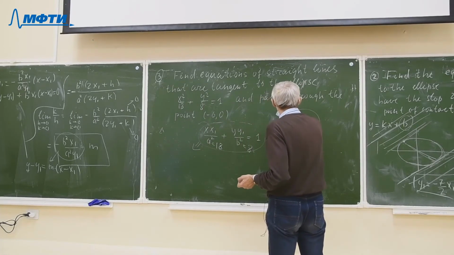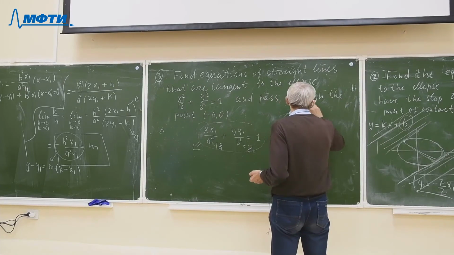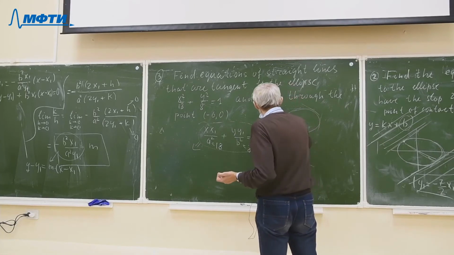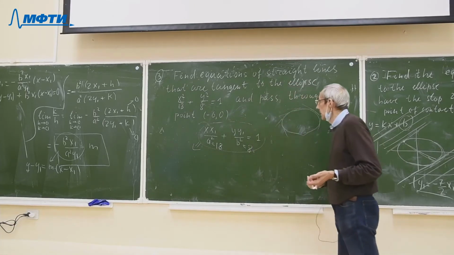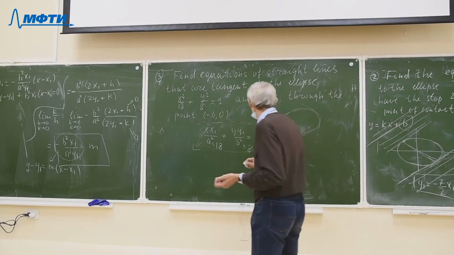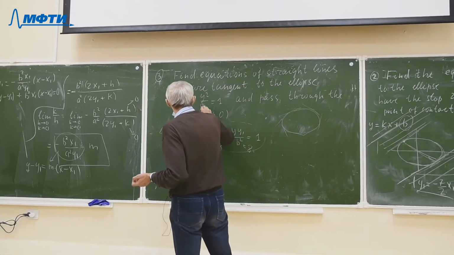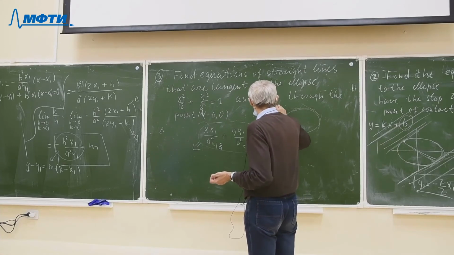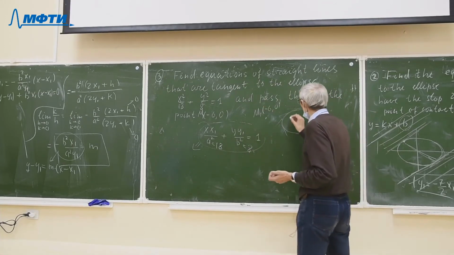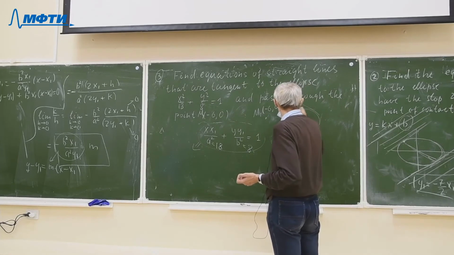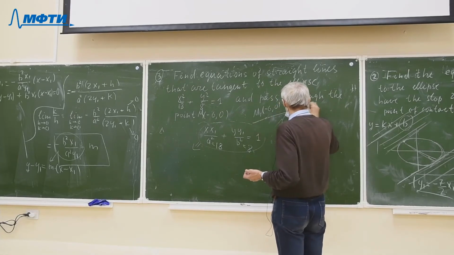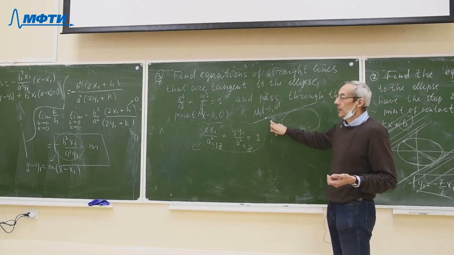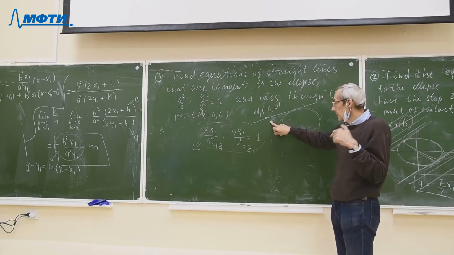We have infinitely many tangent straight lines, and we have some points on the plane. Point M1 has the coordinates (-6, 0). One of these tangents passes from this point, and we must find the equation of this straight line.